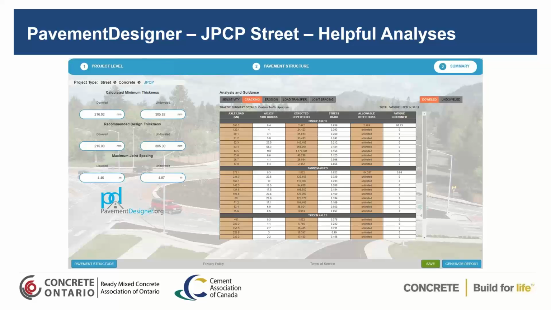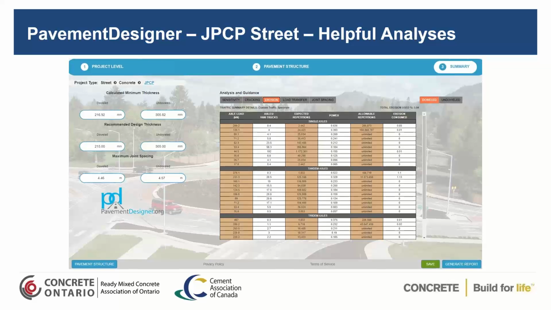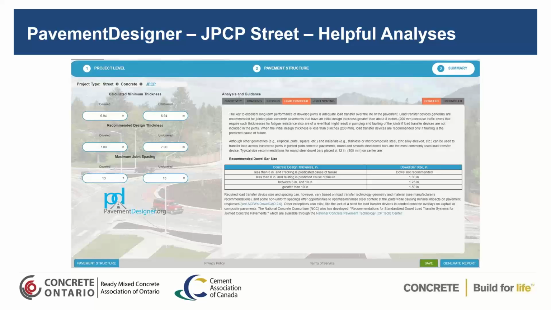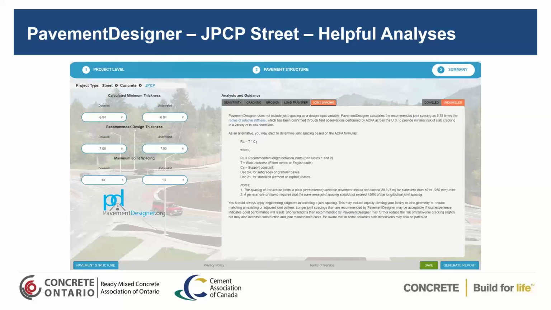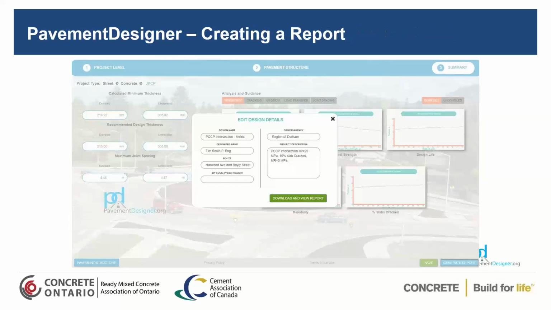It also allows you to look at the cracking. What was the fatigue, what amount of cracking occurred in my design. It actually allows you to do the erosion. The erosion is really the faulting mechanisms, and how did it fail, in fatigue or did it fail in faulting. Then it actually has guidance on load transfer and guidance on joint spacing.